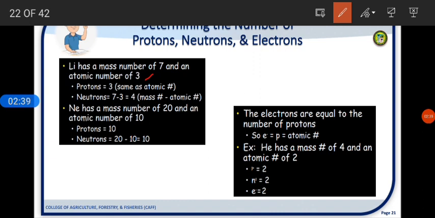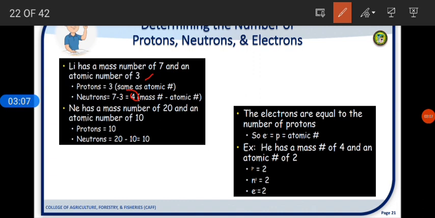Now, in getting the neutrons, just use the formula we have mentioned earlier, mass number minus atomic number. So, in this case, if you're going to refer to your periodic table of elements, the mass number of Li, or lithium, is 7. So 7 minus the atomic number 3 is equal to 4. Therefore, the neutrons of lithium is 4.